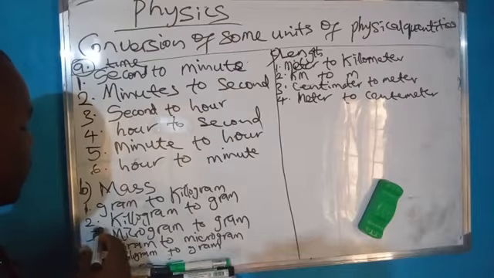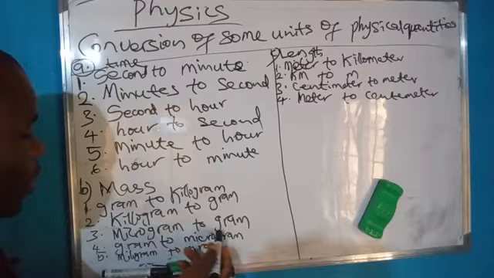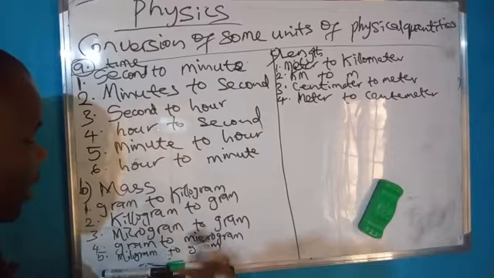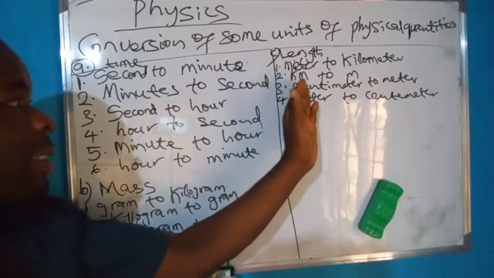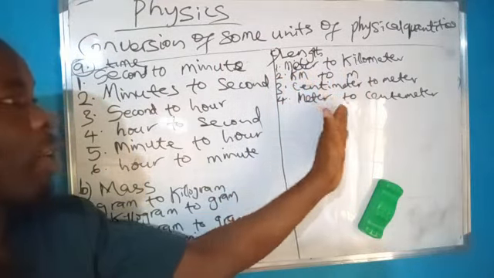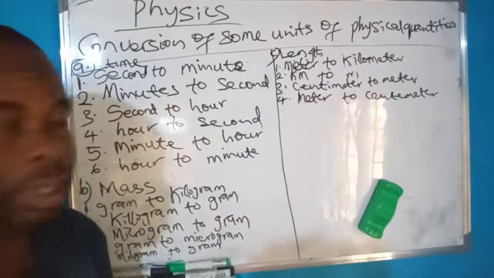Kilogram. Then kilogram to gram, milligram, microgram to gram, gram to microgram, then milligram to gram, then gram to milligram, then length. Then for length now you have meter to kilometer. The kilometer is the one that is internationally accepted.